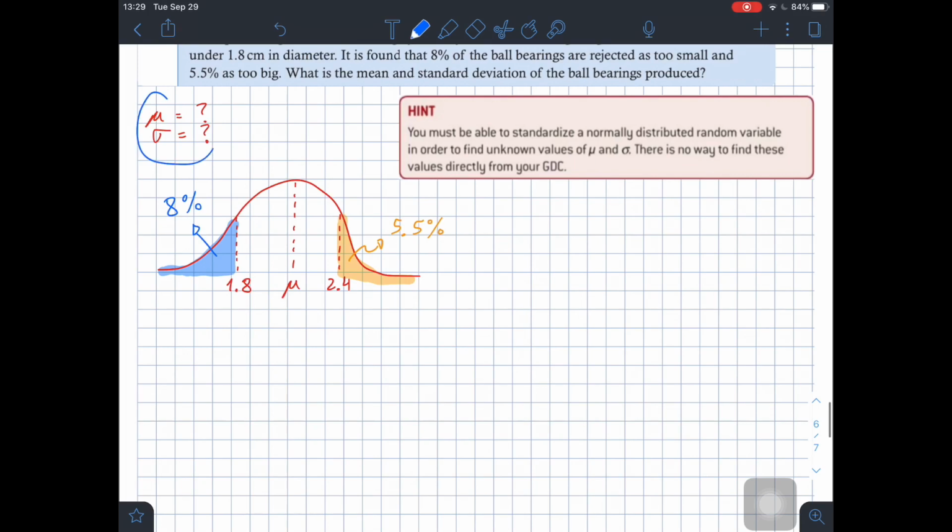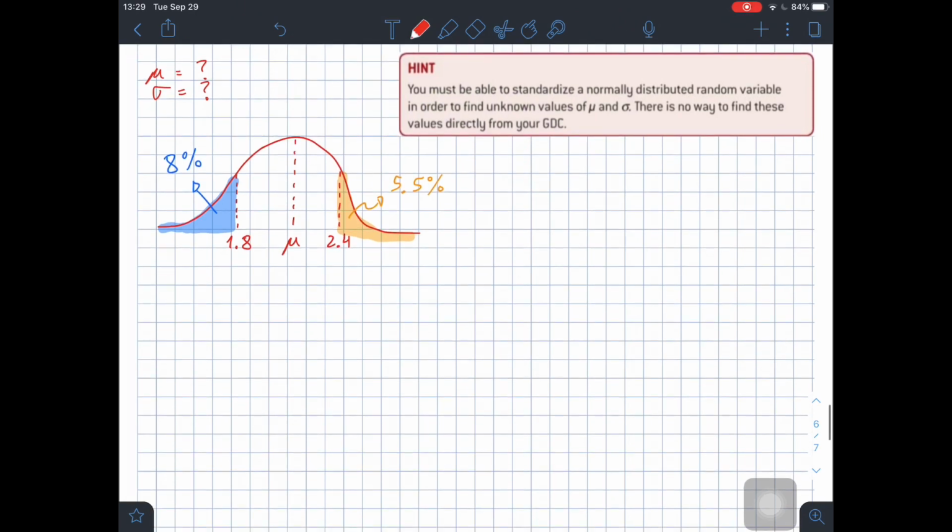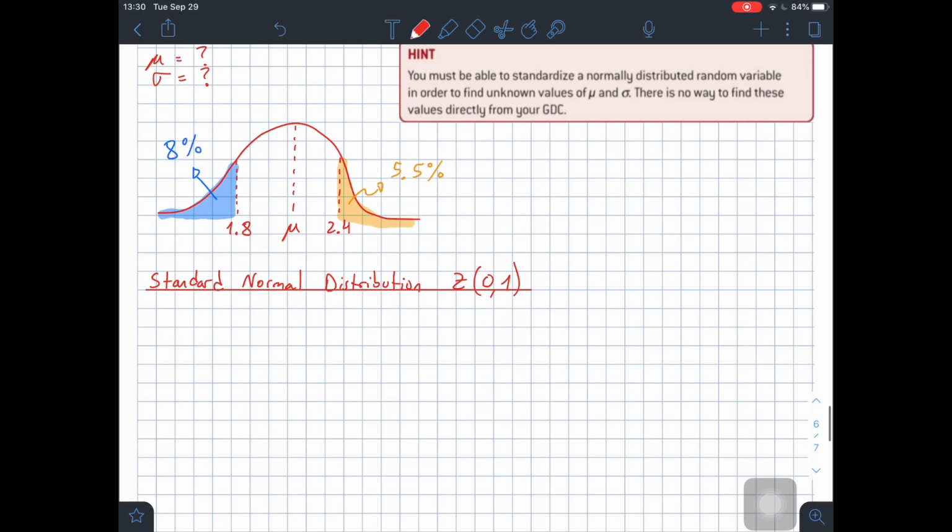Okay, so this is all of the information I have for this problem. So since I do not have in this case either of the mean or standard deviation, I will have to standardize this, yes or yes, to be able to solve this. So standard normal distribution. Remember, Z with a mean of 0 and a standard deviation of 1, always. So we standardize this information.